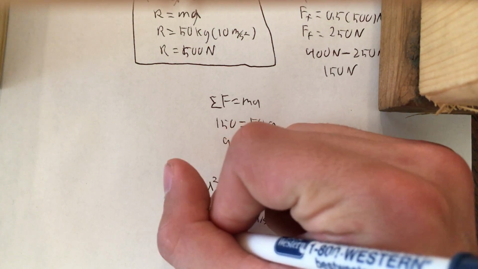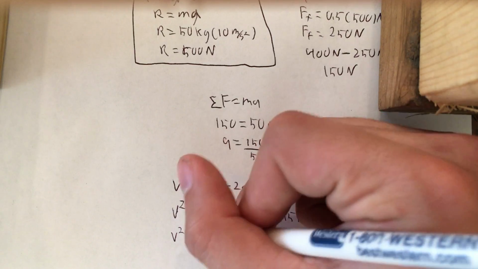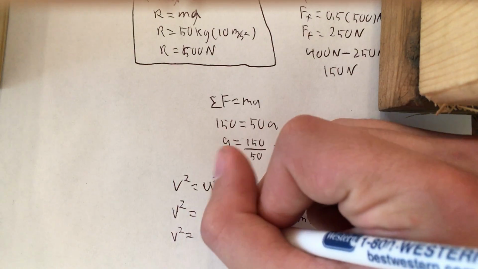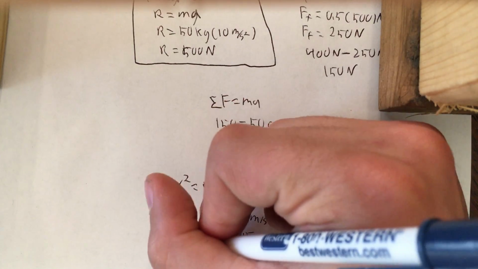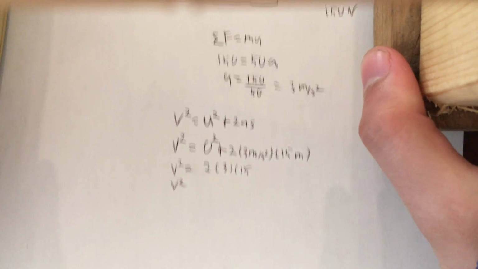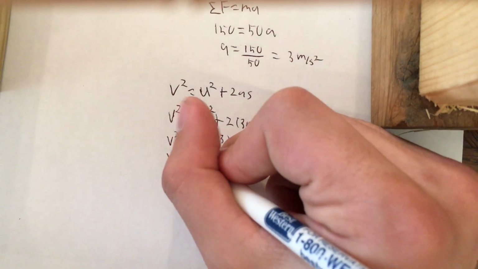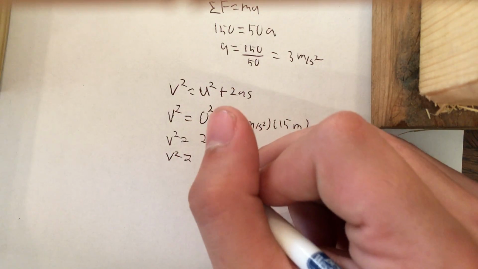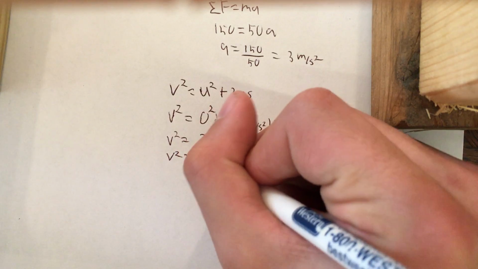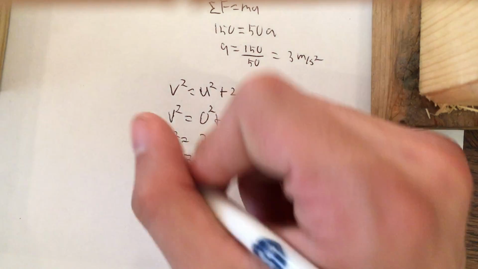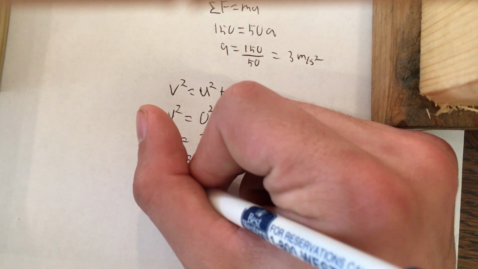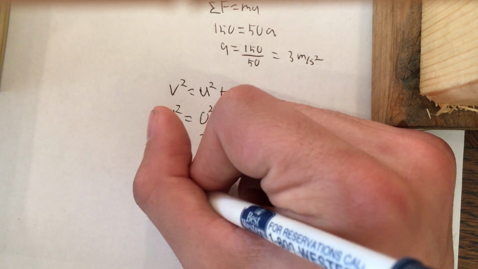So v squared equals 2 times 3 times 15, which is v squared equals 90. So to find the final velocity, we need to square root both sides.